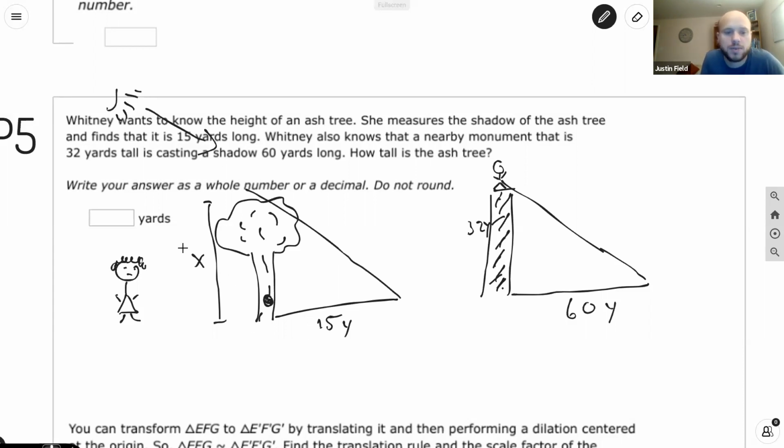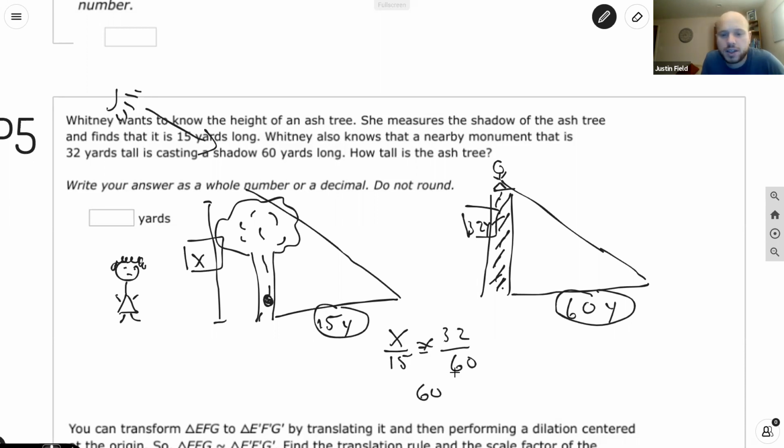So just put the corresponding sides in the same spot. So my two vertical sides and my two horizontal sides. I'm just going to write x over 15 equals 32 over 60. So I got my two verticals on top, two horizontals on the bottom, and now boom, boom, cross multiply. 60x equals, now what is 32 times 15?